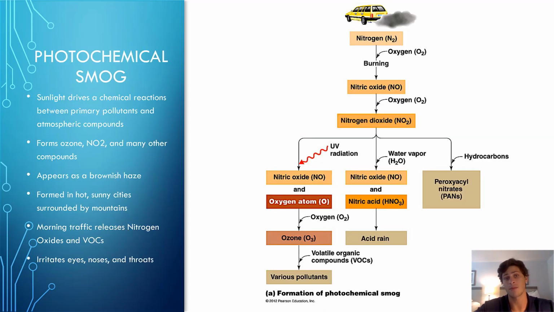Now, the second type of smog that we're going to talk about is something called photochemical smog. Now, photochemical smog is actually a secondary pollutant. Photochemical smog actually results from sunlight driving chemical reactions between primary pollutants, the pollutants that have already been emitted, and different atmospheric compounds. So here we're going to have these different compounds emitted from incomplete burning of fossil fuels.